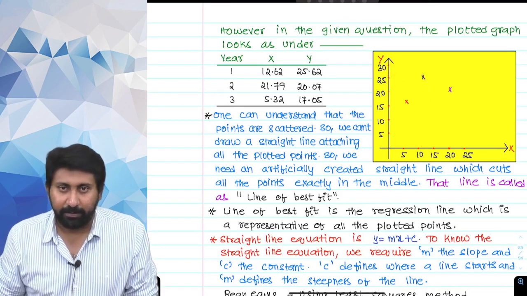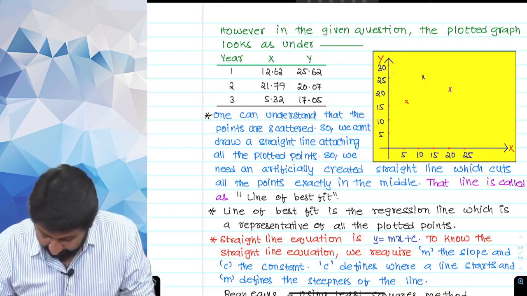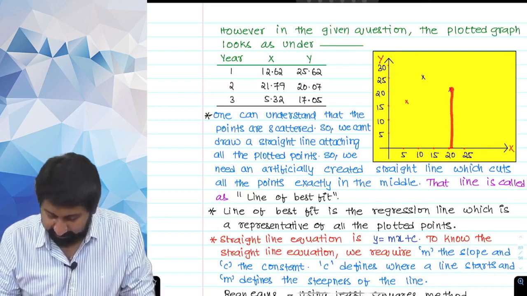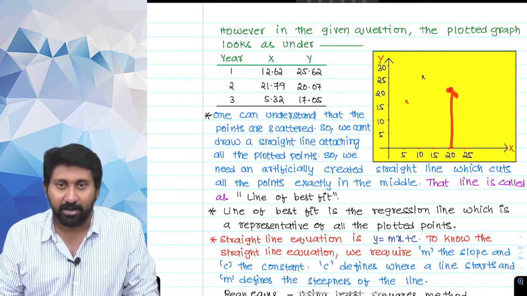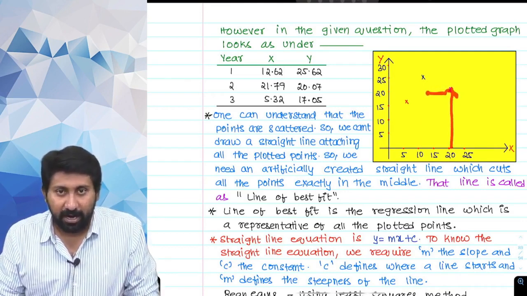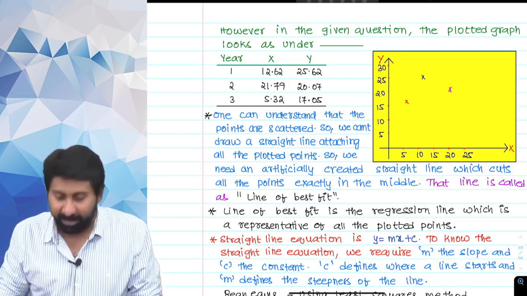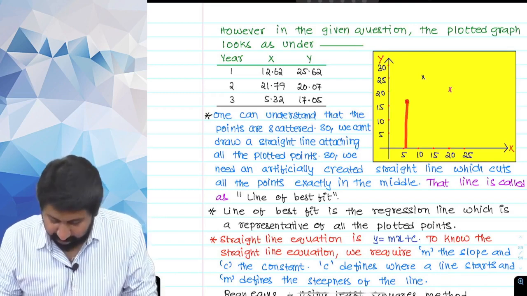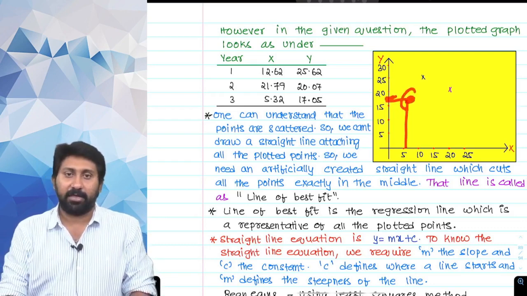We plotted. Next, 21.79 and 20.07, somewhere here. Don't go for accuracy here, we are not doing any statistics. Okay, done. Next, 5.32 and 17.05, somewhere here.